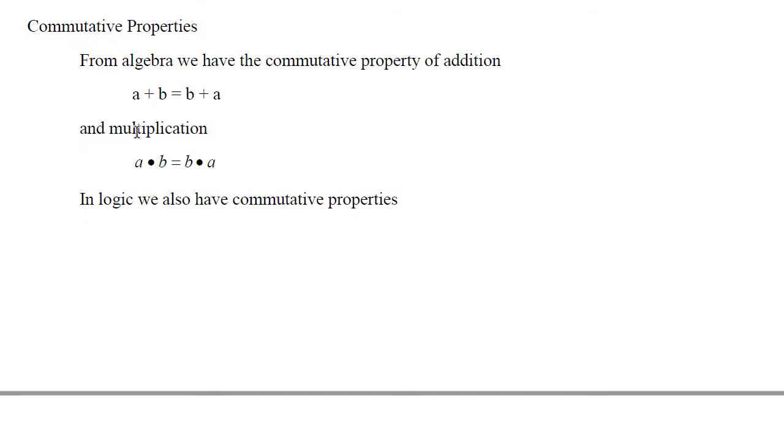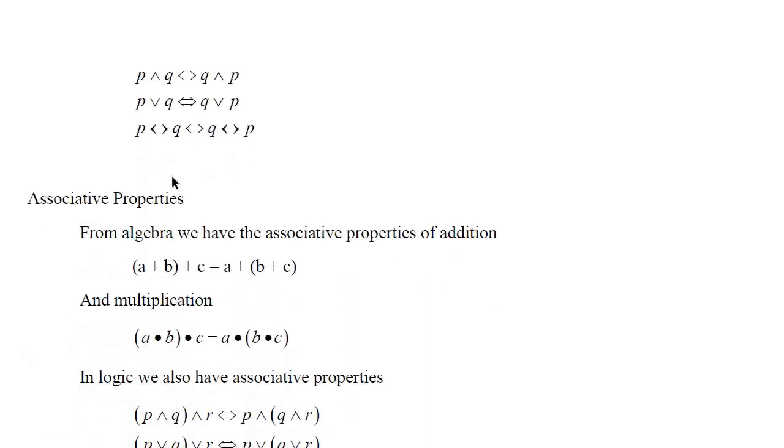Also from algebra, we have commutative properties. We have a commutative property of addition that says a plus b is equal to b plus a, and one for multiplication: a times b is equal to b times a. In logic, we also have commutative properties. So, p ANDed with q is equivalent to q ANDed with p.